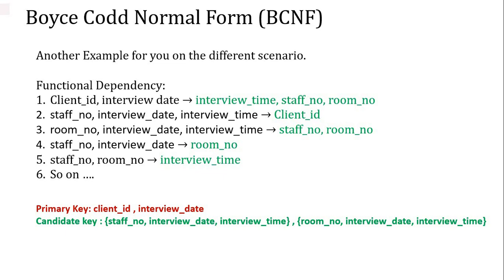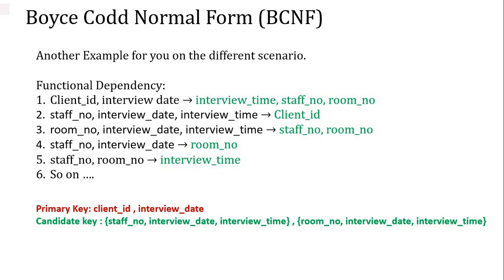In the book the rules are very complex and theoretical, but I can make a simple rule: whenever you look at the determinant side, you have to see whether it is a candidate key or not. If it is a candidate key, then it follows the rule. If it is not a candidate key, then it does not follow the rule.